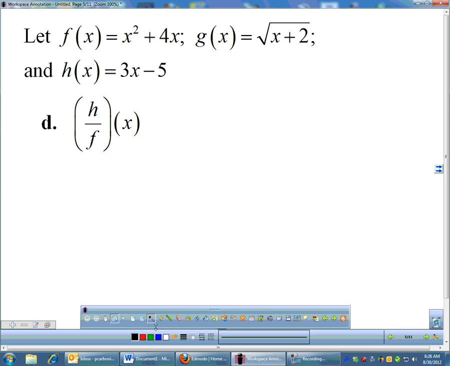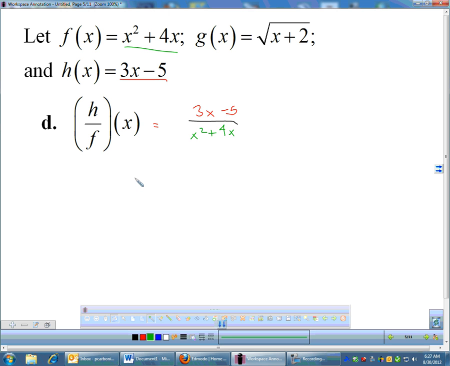H divided by f. So let's see, here's h. H is 3x minus 5 divided by f, which is x squared plus 4x. So I've written h over f. Now, I've been telling you not to factor, but when you have a fraction, it's a good idea to factor because sometimes you can cancel something on top with something on bottom.